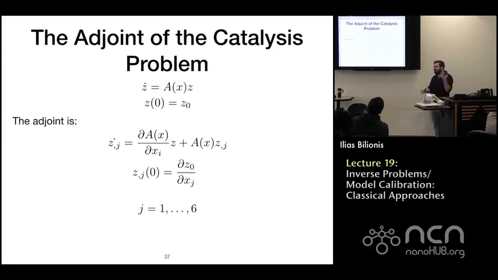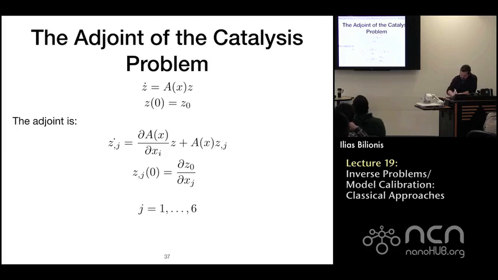Let me show you how the method of adjoints looks for this particular dynamical system. One of the reasons that I changed the notation is so that I could derive the adjoint system a little bit easier. The adjoint system is basically a set of differential equations that tells me the evolution of the derivatives. This is the derivative of z with respect to xj.